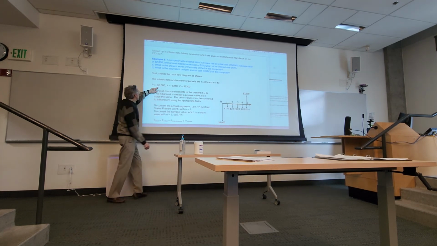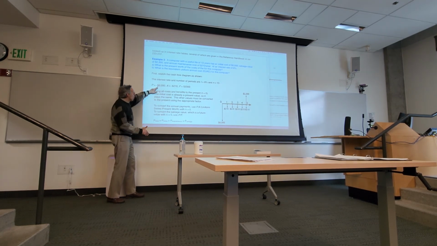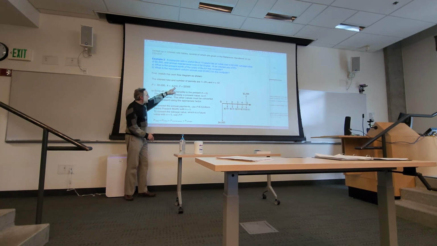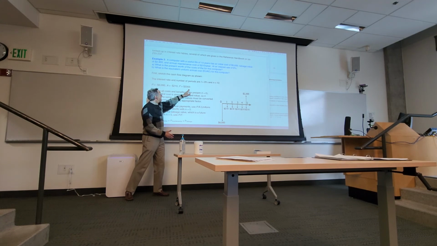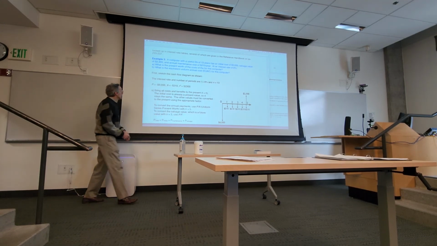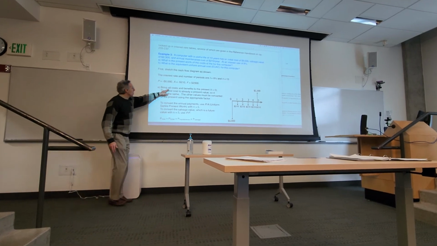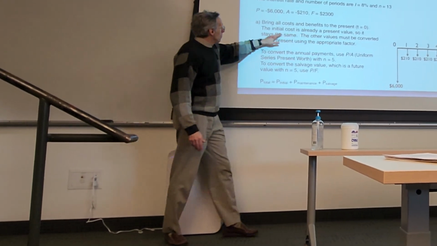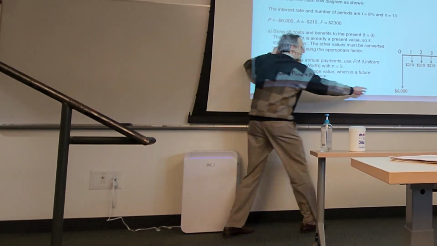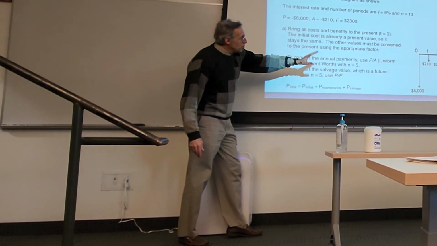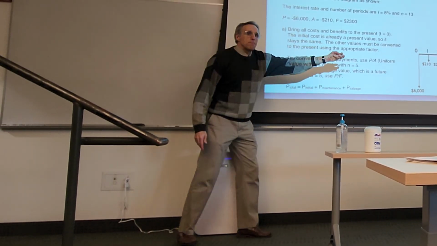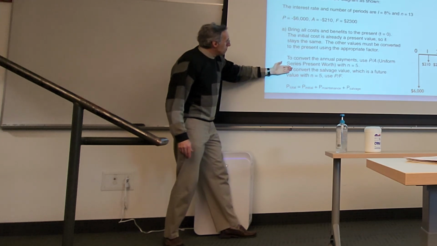We've got a negative $6,000 now, and then negative $210 every year for 5 years, and then a plus $2,300 at the end of 5 years. So we want to bring all the costs and benefits to time 0. Well, this one's already at time 0, so we don't have to do anything with it. But the other ones, the 210 and the 2,300, we've got to bring these numbers to now.